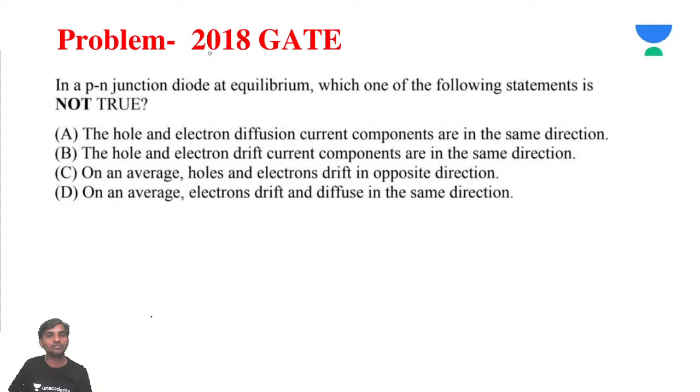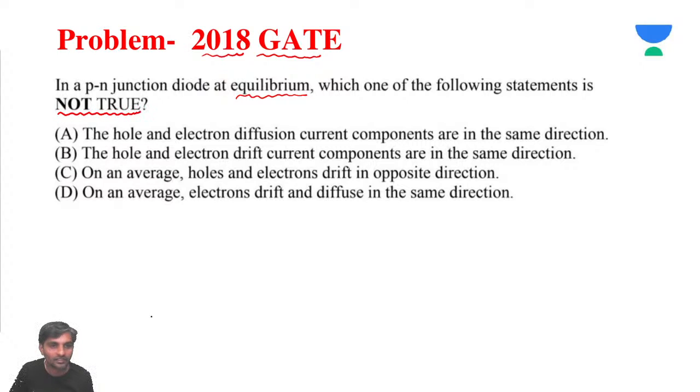This is a 2018 GATE problem. It's a theory question. What is it saying? In a PN junction diode at equilibrium, which one of the following statements is not true?